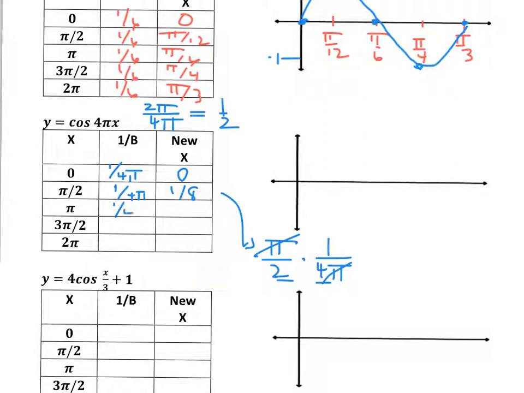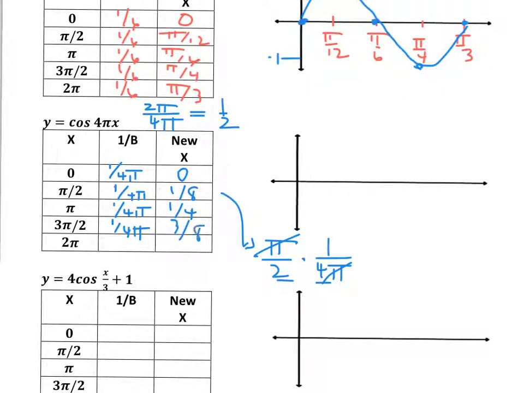So pi times 1 over 4 pi is? 1/4. That I heard. Good job. 3 pi over 2 times 1 over 4 pi, 3/8.